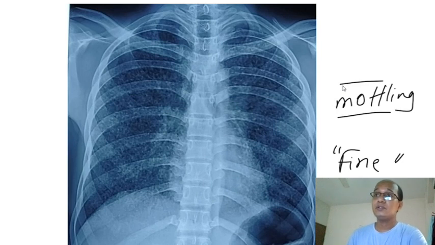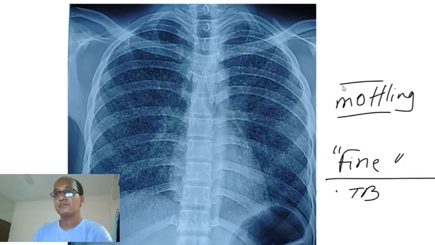So what are the possible causes of reticulonodular shadowing on X-ray? At number one, as it is on both sides, you may say disseminated tuberculosis. Actually, it is a case of miliary tuberculosis, and disseminated, of course. So regarding the X-ray finding, number one, you may just say tuberculosis or disseminated tuberculosis or miliary tuberculosis.